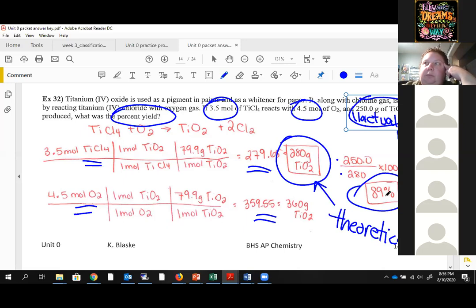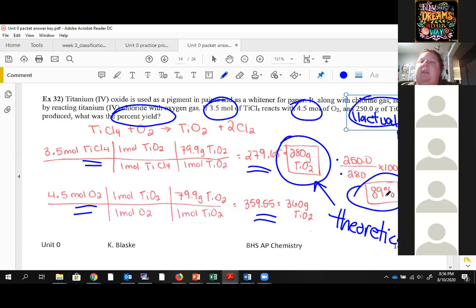Will you always be given an actual value? In some way, shape, or form, yes. Like in future reference, will there be any question where you need to find the actual, or is that not a thing? The worst they might do to you is give it to you in moles and you have to convert it to grams or vice versa.